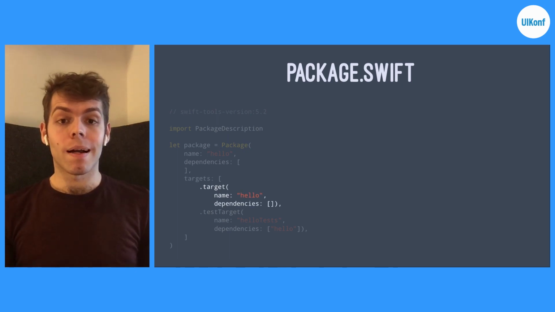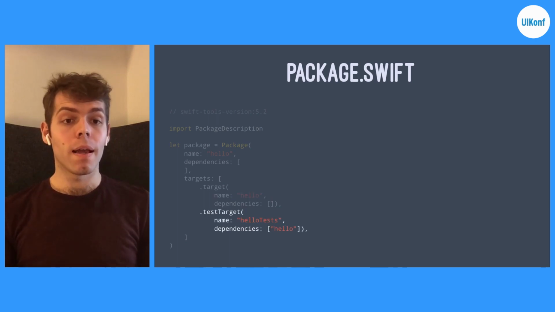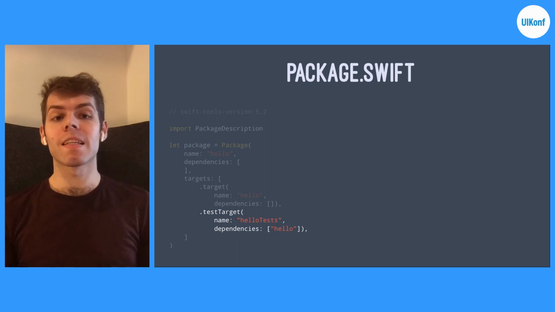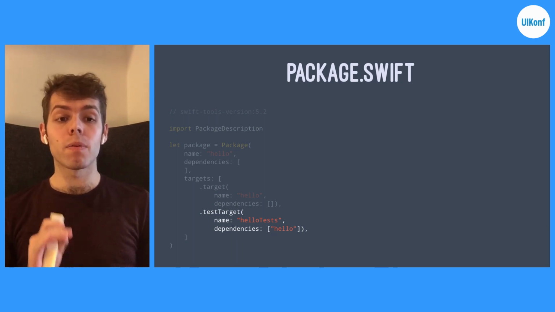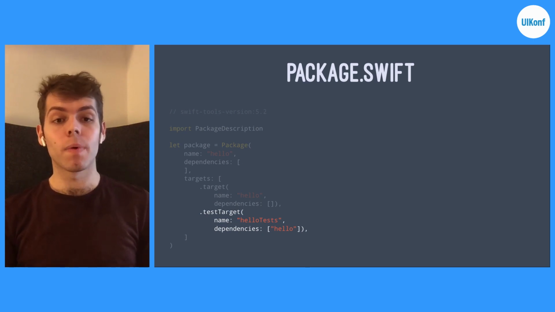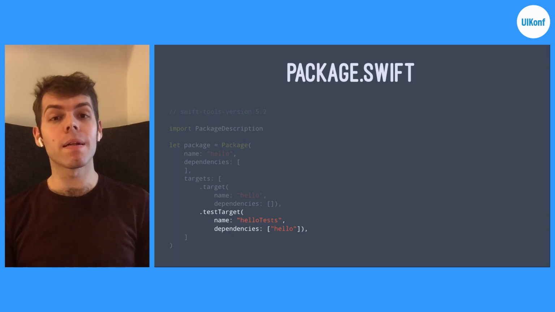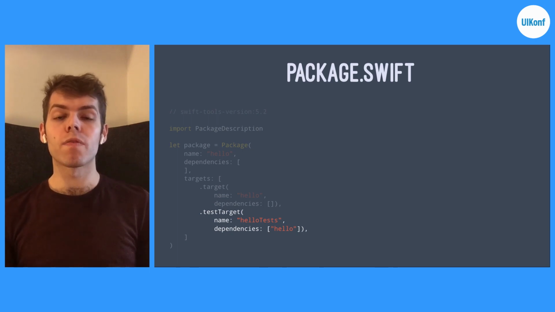Again, the command already created two targets for us, and here we see those two targets: the build target hello, and the hello test target. You can create all the targets that you want as folders, but if you don't add them in this file here, they simply don't exist. They will not even be built. So it's very important to always have the Package.swift file up to date with our whole project structure.